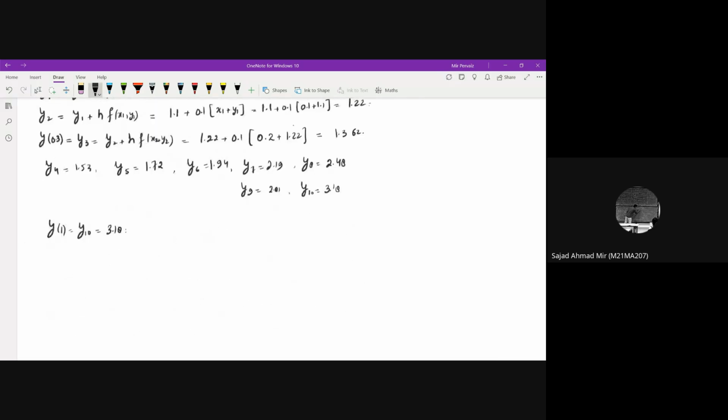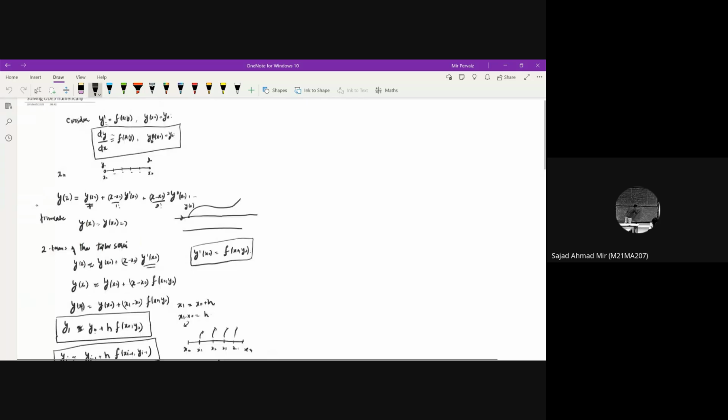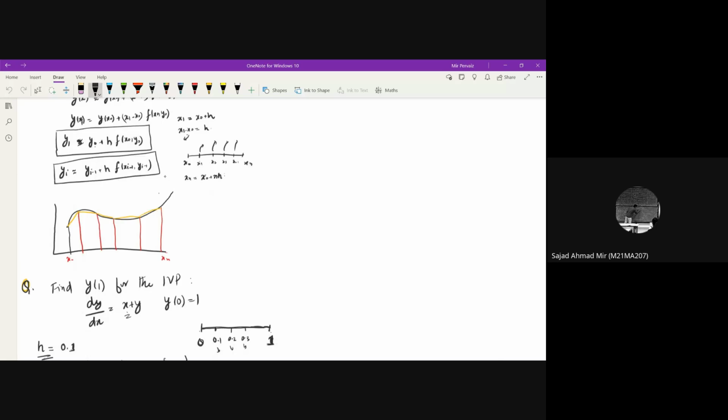Is it clear till now what we did? Yes, it is clear. Okay. Now we have another method. This was Euler's method. Did I write the name of the method? No. So this was Euler's method.